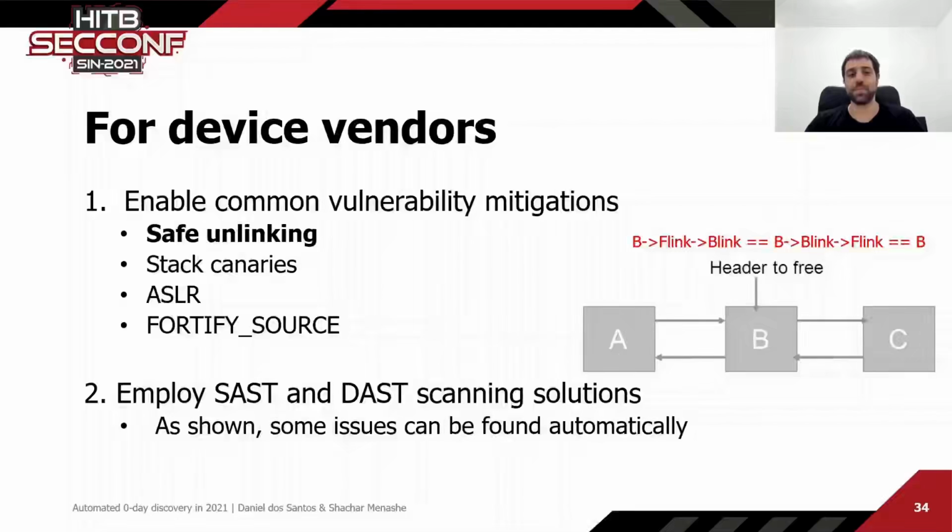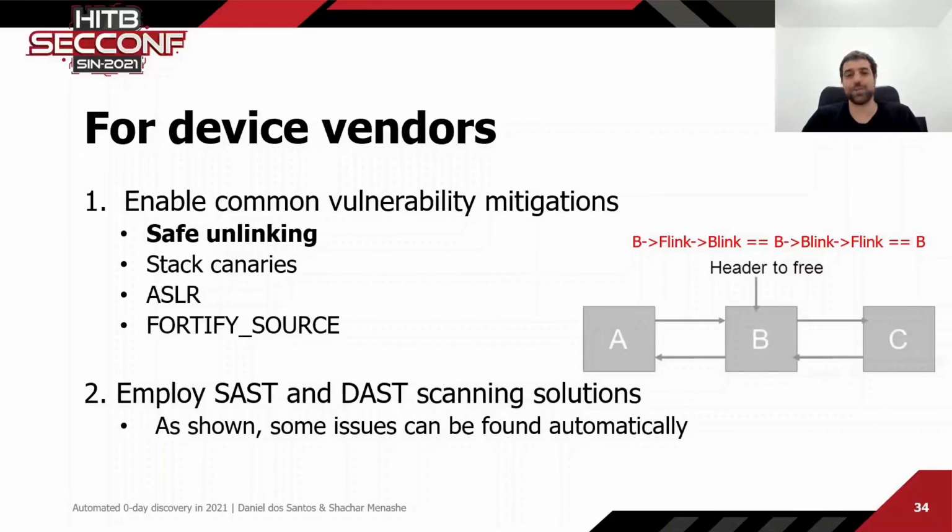So basically for vendors, we're saying, don't use the default compilation flags, actually use common vulnerability mitigations, which can be enabled in the compiler. For example, what would definitely solve it, at least for our exploitation method, because we exploited the unlink mechanism, is safe unlinking.